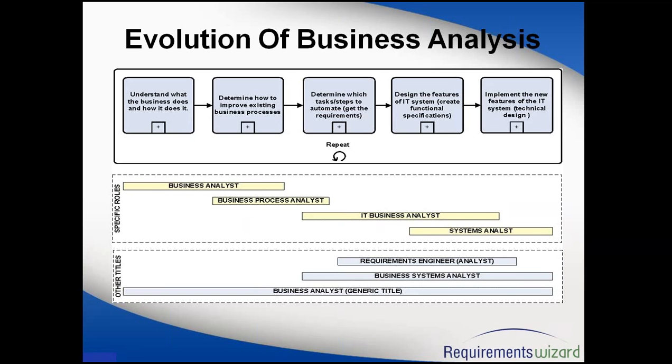But now, in the last 10, 15 years, they have realized, as we just saw on the slide, that if you don't do a good job on the requirements, the entire project is a failure. The money you invested is just a waste.